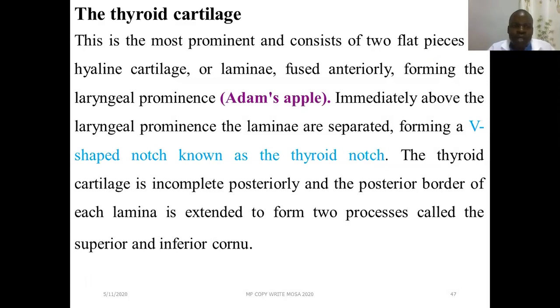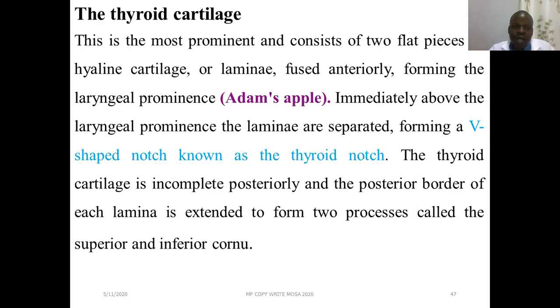Immediately above the laryngeal prominence, the laminae are separated, forming a V-shaped notch known as the thyroid notch. The thyroid cartilage is incomplete posteriorly, and the posterior border of each lamina is extended to form two processes called the superior and the inferior cornua.